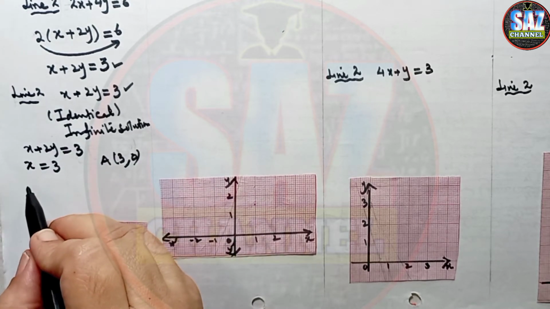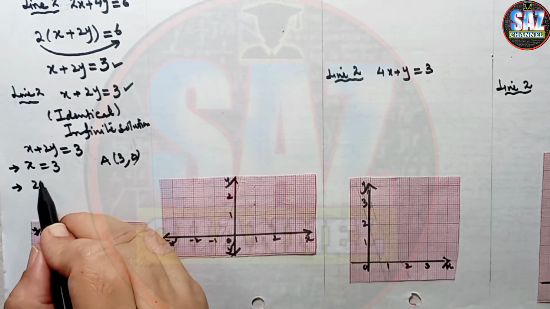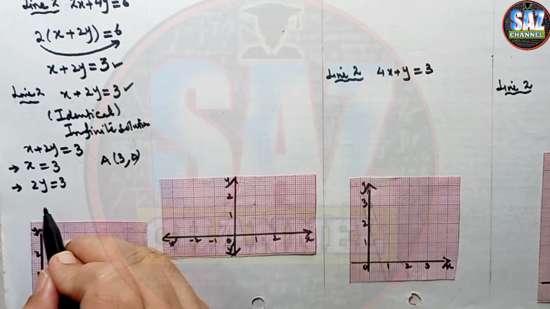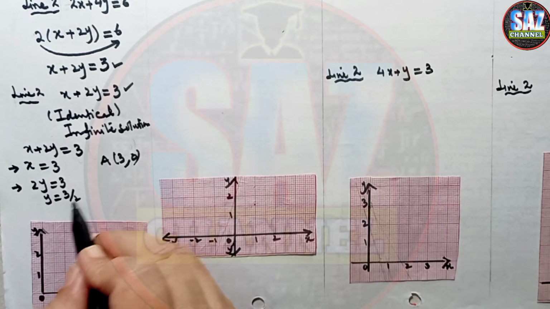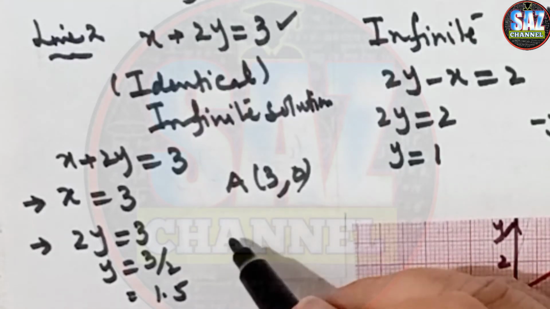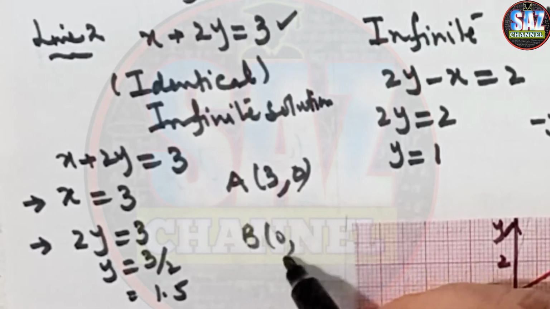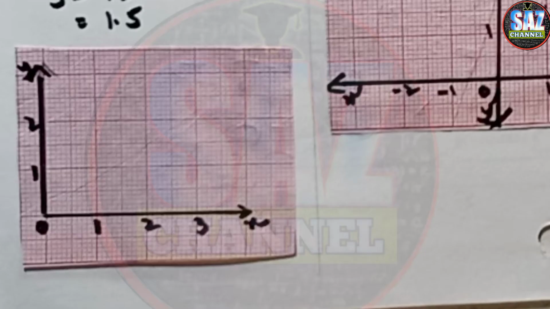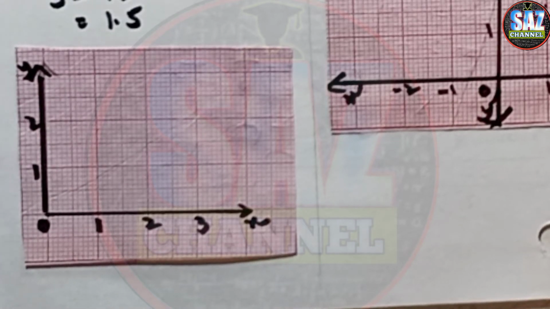For the y-intercept, I make x 0, so 2y equals 3 and y equals 3 by 2, or 1.5. So the second point will be B (0, 1.5).